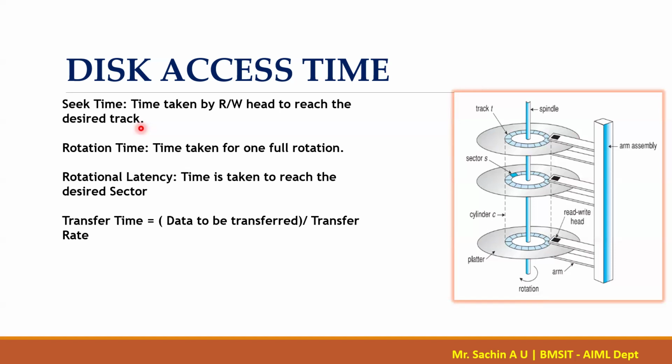Now let us assume the read-write head is on track number 2. As discussed in the previous video, let us assume we have 8 tracks, 8 songs, on a particular surface of a disk.